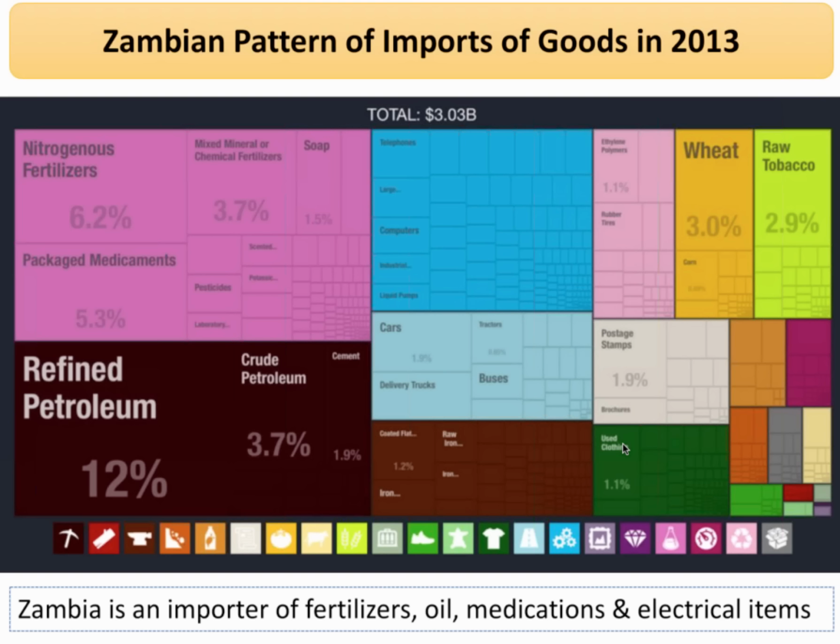So interestingly, 2% of Zambian imports are postage stamps. So Zambia is essentially a net exporter of primary products and a net importer of manufactured goods, fertilizers, what have you. It's a classic diagram which is pretty common, pretty familiar if you've studied African economies.